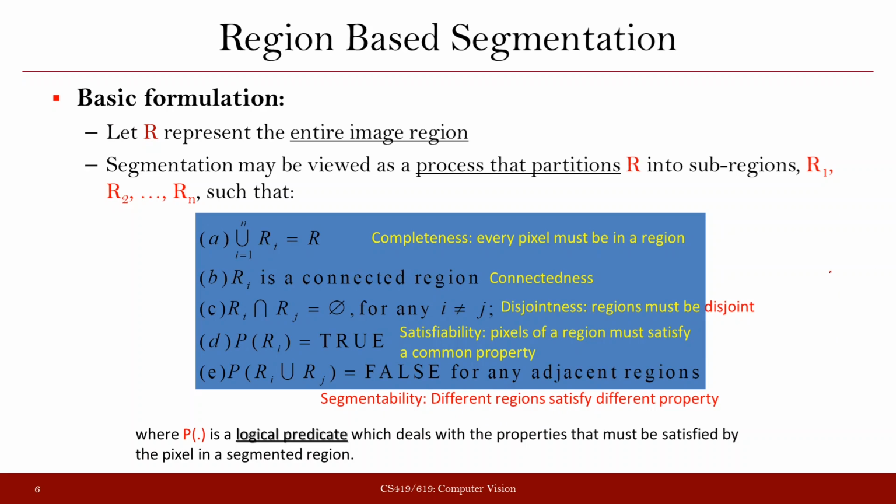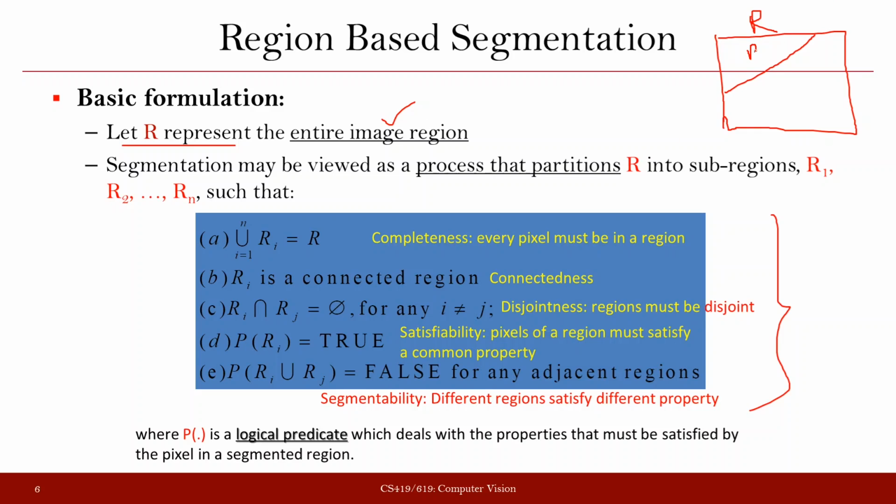Okay. Now, when we are discussing these segmentation techniques, we are going to follow some notations. So here, let us say R represents our entire image region. Whatever image we are going to segment is represented by R. For example, here this entire thing is the region R. Now, if this image is segmented into some segments, we can say that those segments are R1, R2, R3, and so on.